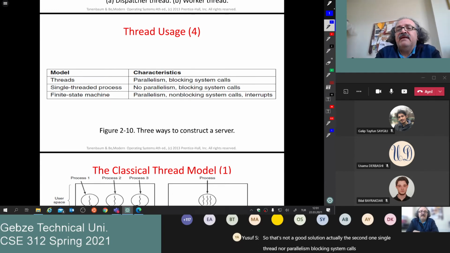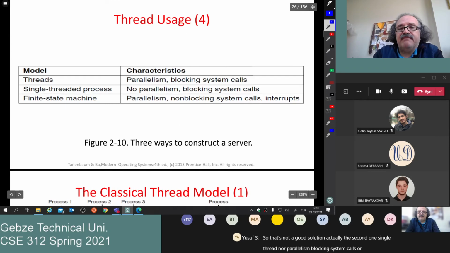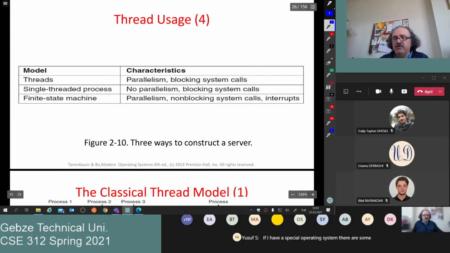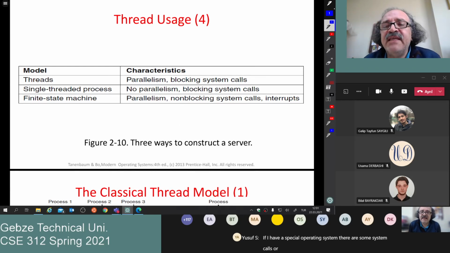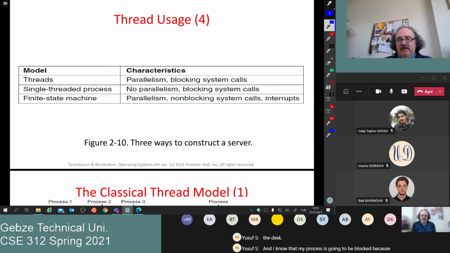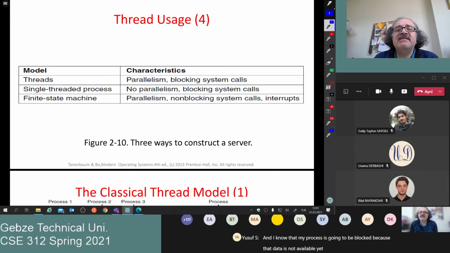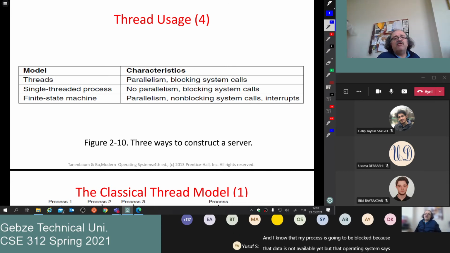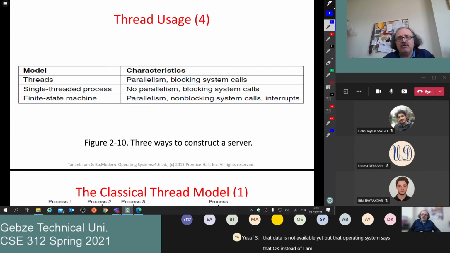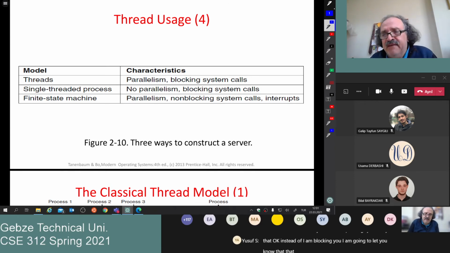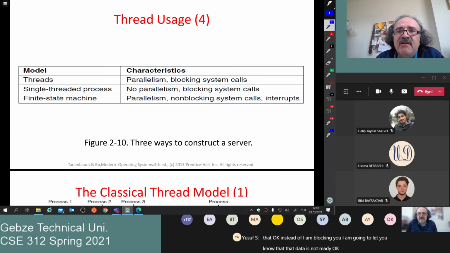Or again, if I have a special operating system, there are some system calls where you say, I need this data from the disk, and I know that my process is going to be blocked because that data is not available yet. But that operating system says, okay, instead of blocking you, I am going to let you know that the data is not ready, but I will call you back when it is ready, and I am going to let you continue.